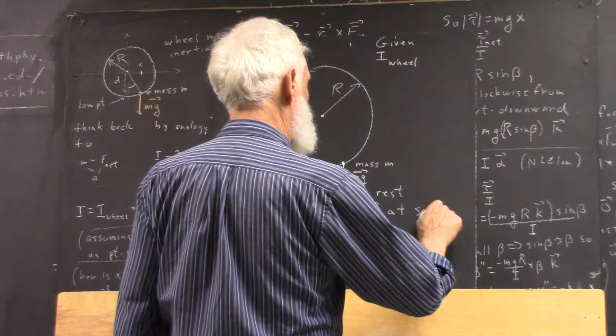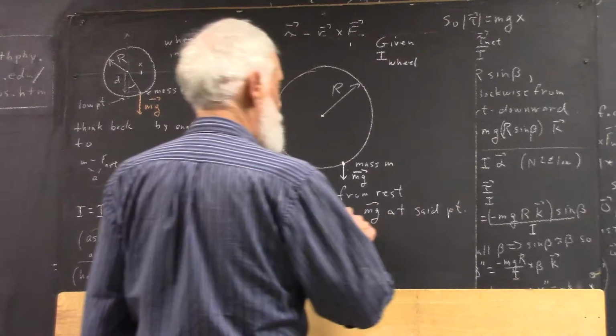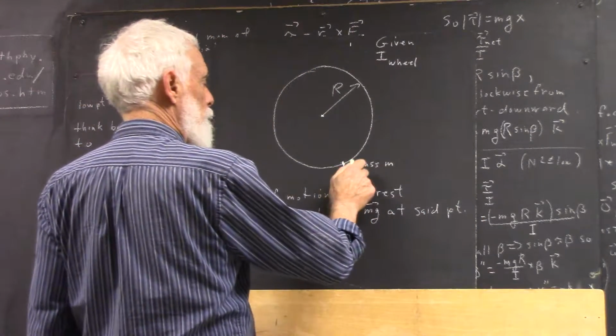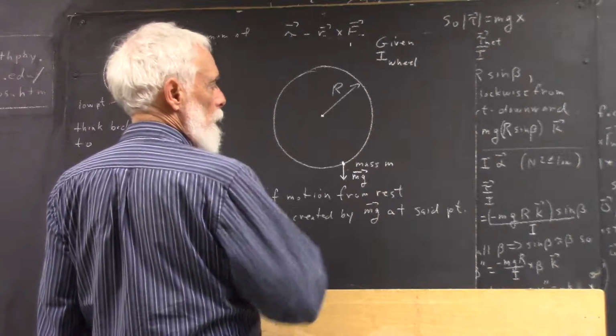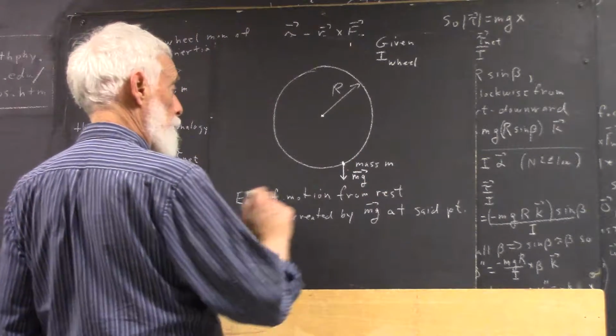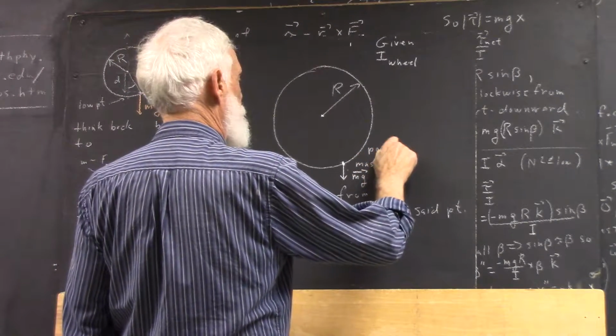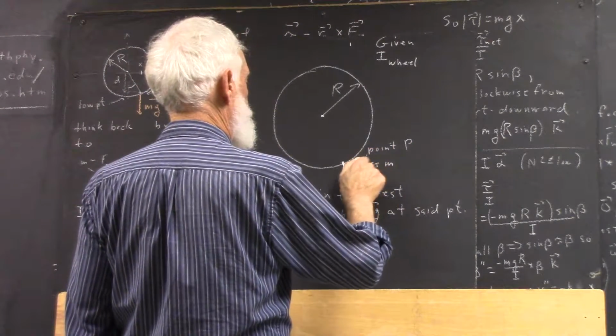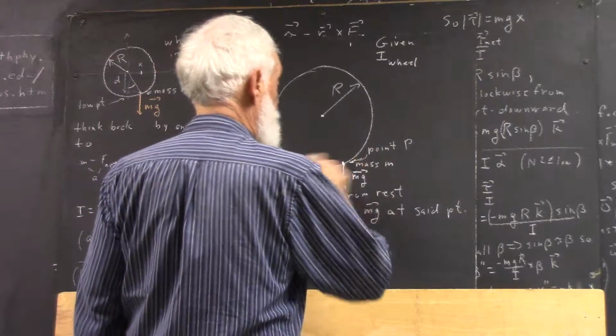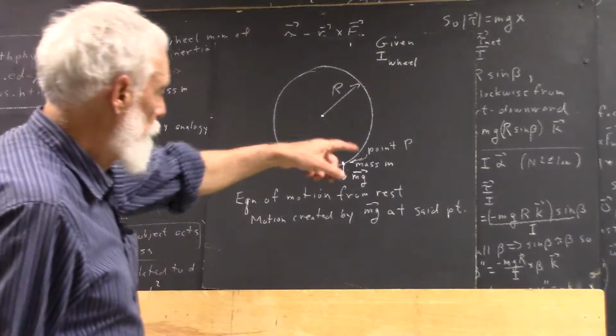I'll go at the said point. And this point, we give a name. I'll label the point here and just use an arrow to indicate, okay, there it is. Okay, the mass is at point P.